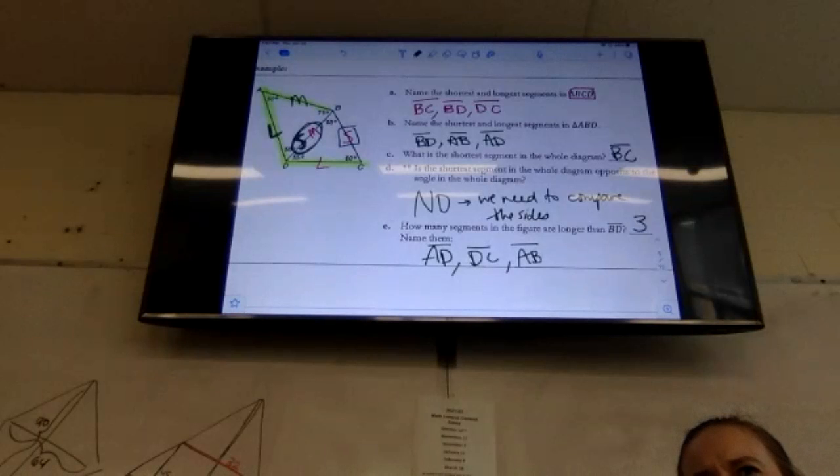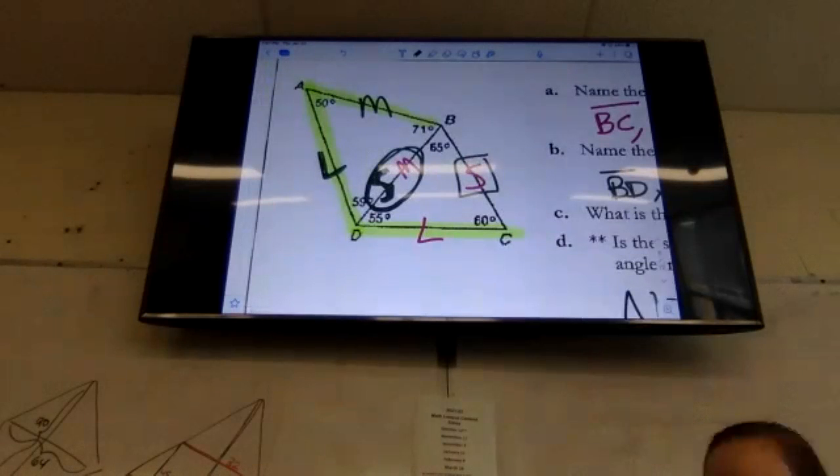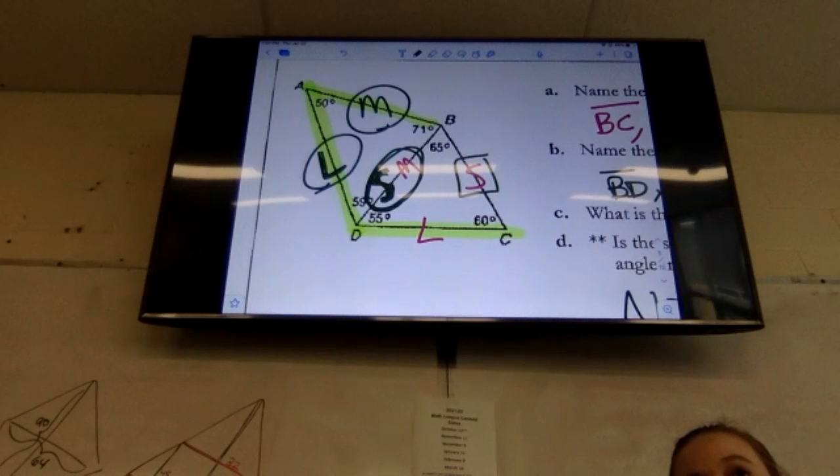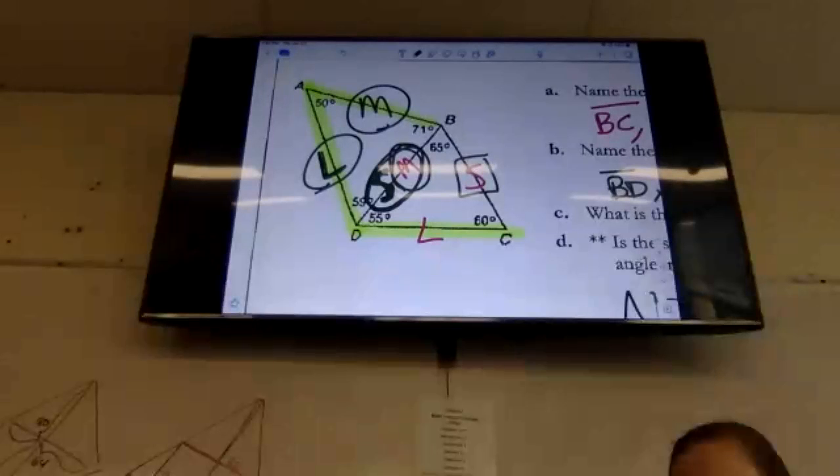Does it matter what number? It doesn't matter the angle number, it matters how they compare to each other. So this one was the smallest of its triangle, which means that its medium and its large must be bigger than it, right? And even though this is across from 65 and all of these are bigger than 50, it's still only the medium side of the triangle on the right. So only the large one is bigger than it.